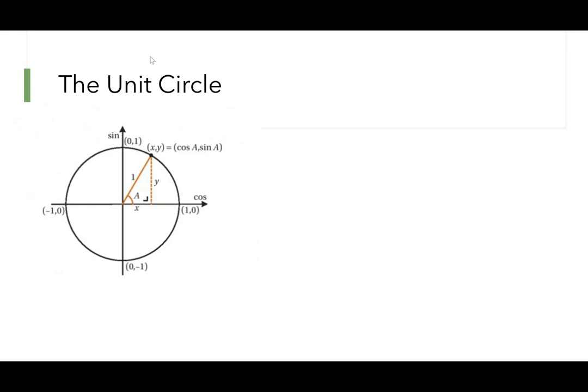Okay, so if I look at this line here, and I'm just going to go over it in red, so this is of radius 1. So I can use sine and cos with respect to this entire right angle triangle. If I say that cos is the x-axis, then this line here gives me some value of x.